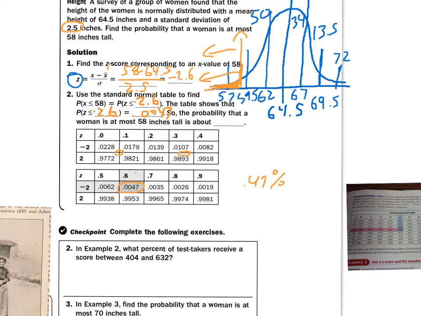So the probability that the woman is less than 58 inches tall is about 0.0047 or 0.47%. So if you picked a woman at random, the chances that that woman would be that short is not very good. Generally she's going to be in the big bulk of all this area over here. 95% of the women are going to be right in there.